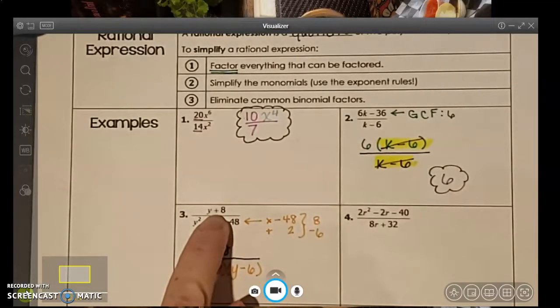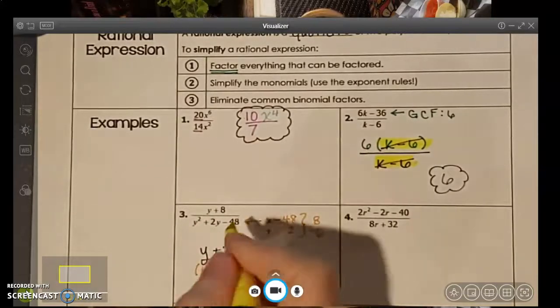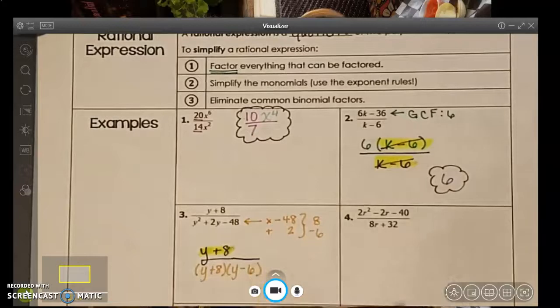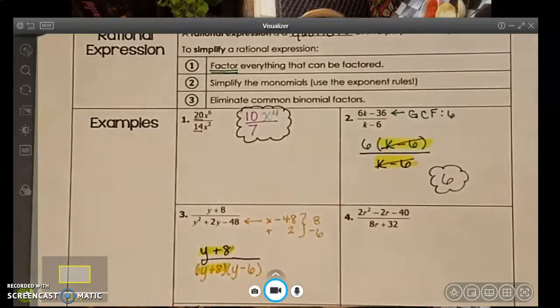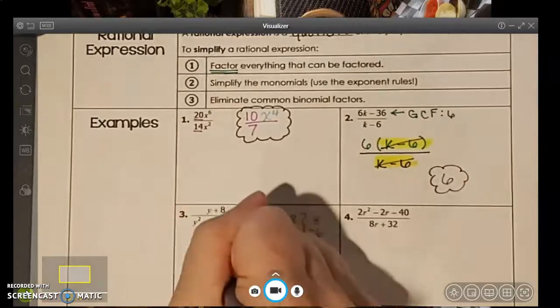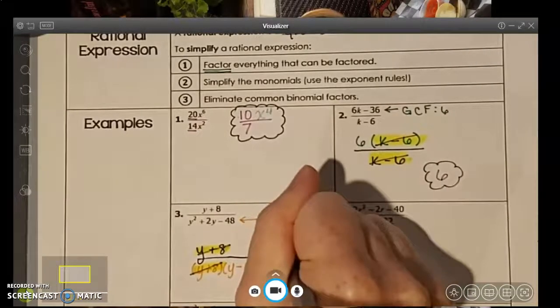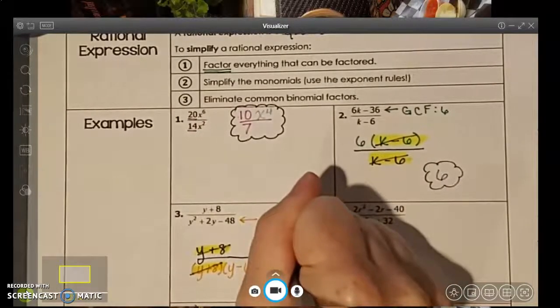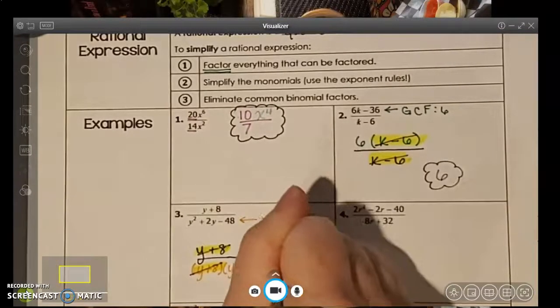Since we have a y plus 8 in the numerator and a y plus 8 in the denominator, since they match, we will eliminate those. When you cross it off, you're not left with 0, you're left with 1, because remember what we're doing here, we're reducing: anything over itself is equal to 1. So it becomes 1 all over y minus 6.